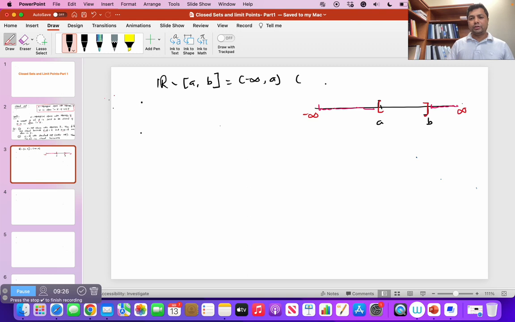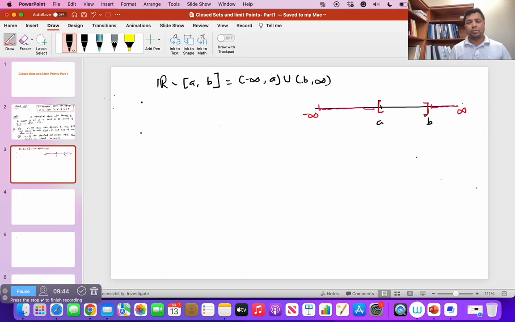And then the other part is b to infinity, and you take the union of them. So we have just seen that the complement of this interval is the union of this open interval and that open interval.